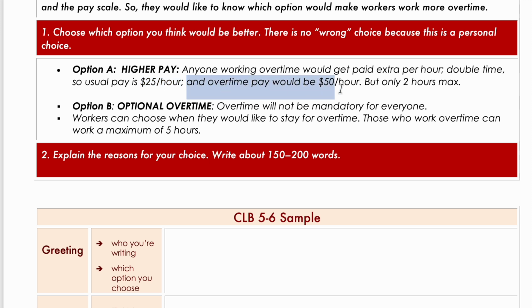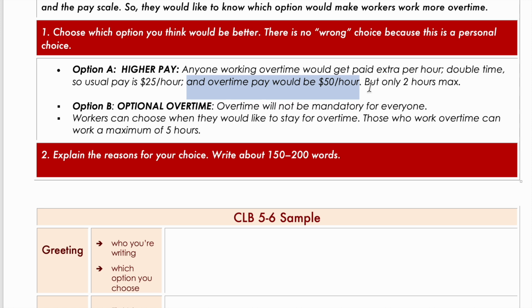And overtime pay would be $50 an hour. Wow, okay. So yes, $50 an hour, that is high pay. And many companies pay that if you work overtime. I know for sure. So $50 an hour, that is much higher, and it's definitely a good reason to work overtime.